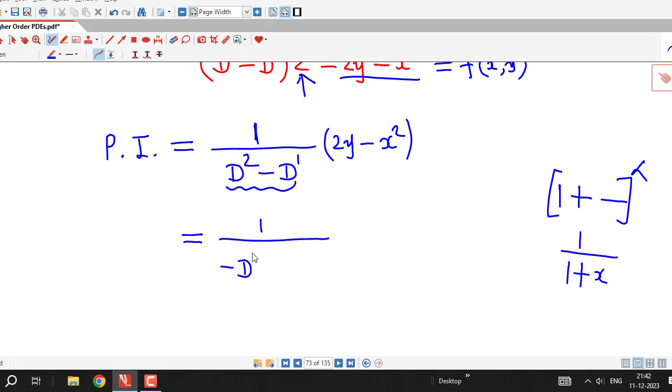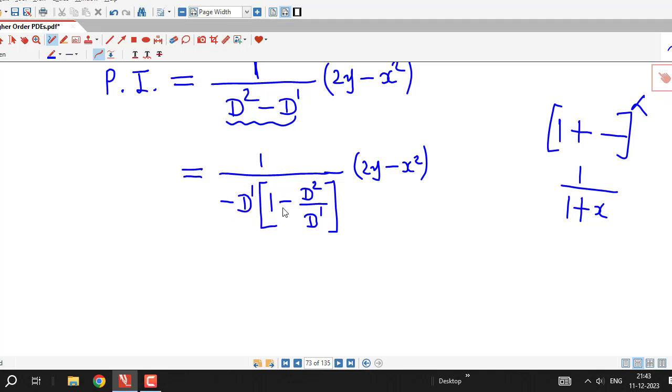If I take minus D' common, then we can see here I will have 1 and this D square divided by D'. So we are rewriting this D square minus D' in the form 1 over 1 minus x by taking this minus D' common, and we can verify. If we multiply this bracket by minus D', then I have minus D', negative negative positive, D' will cancel out and we have D square. So this is correct. We can rewrite D square minus D' in this form.